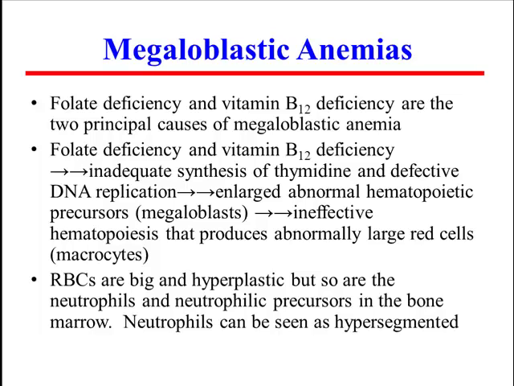As you know, thymidine is important for DNA replication, so you're going to get defective DNA replication, and that's going to cause the hematopoietic precursors to be abnormally enlarged. And that's why it's called megaloblast. And then that's going to lead to abnormally large red blood cell production. Abnormally large red blood cells are called macrocytes.